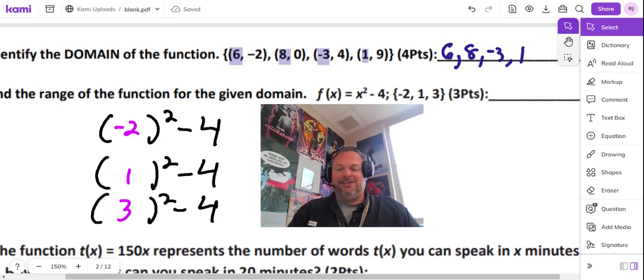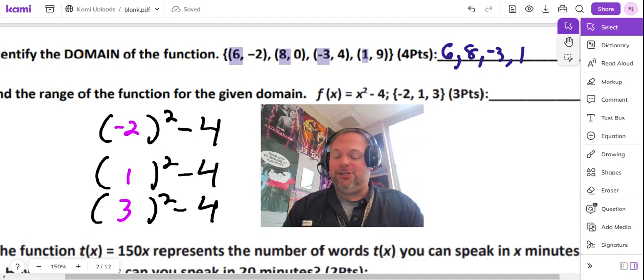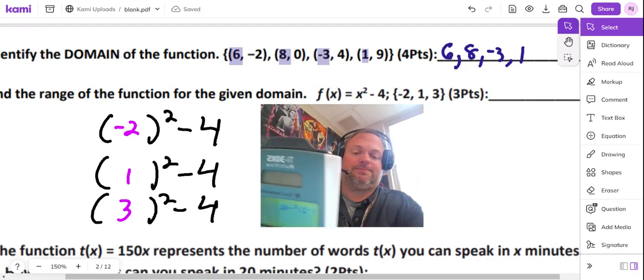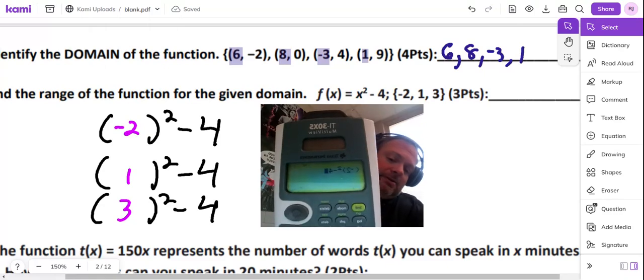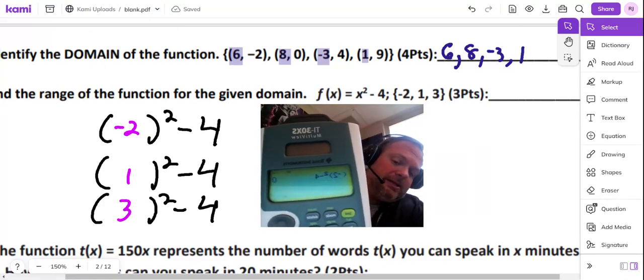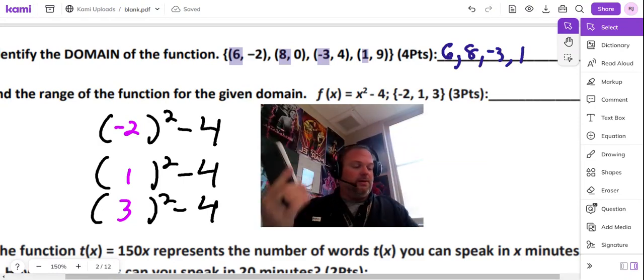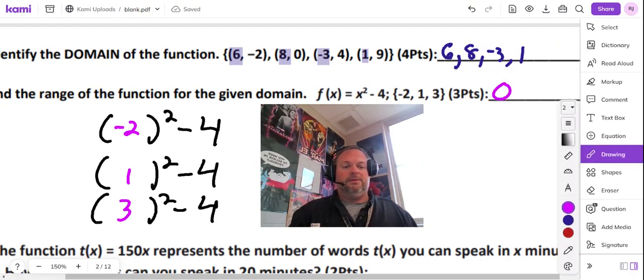So if we replace the X with parentheses and you type it in just like that. All right, hang on. Now I put my screen where I can't see it. There we go. And we get, what is that? Is that 0? Yep, that's 0. So we get 0. All right, and then we're going to do it again.